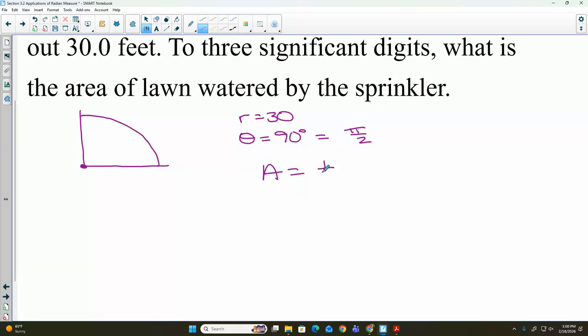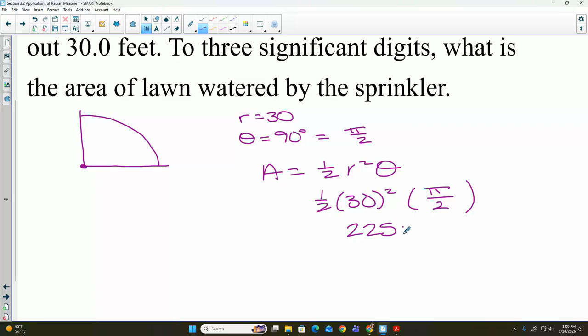So 1/2 r squared theta. 1/2 30 squared times pi over 2. So we get 225π, or if you multiply out the pi, 3 significant digits, it came out to be 706.858, so 707. What would my units be?